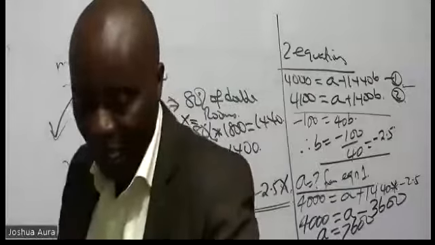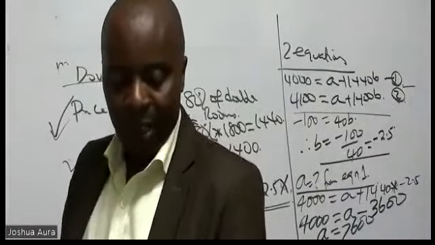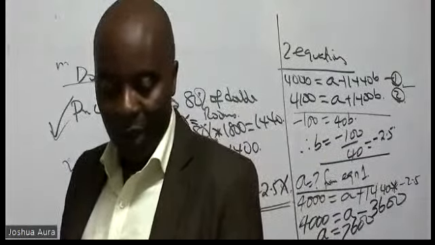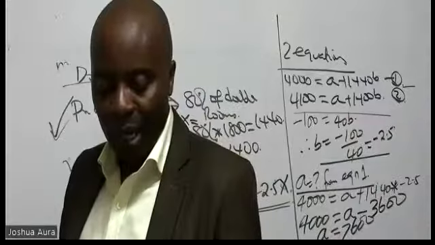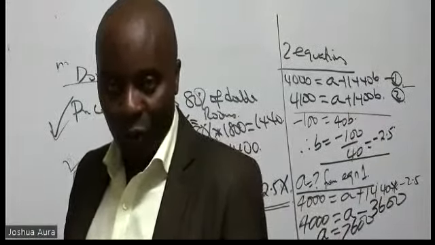Remember what this examiner wanted us to ascertain is the fees, which is the price that should be charged per double room per night in order to maximize profit during the tournament.